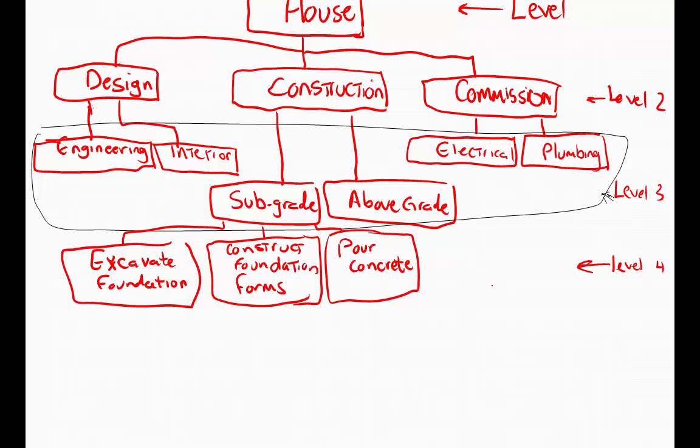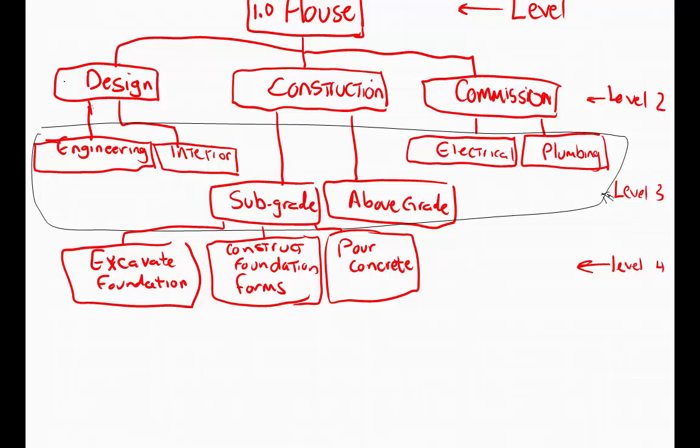So the numbering convention for a WBS, you start off at the top. House is the name of your project. The project would get a numbering of 1.0, and this would indicate that it's the level 1 in your WBS. As you move down into your WBS on level 2 here, you would carry on with following numbering.